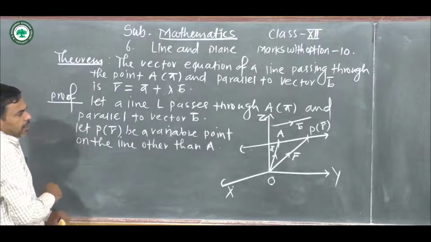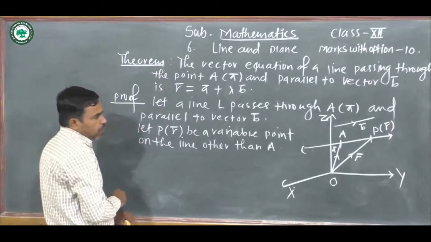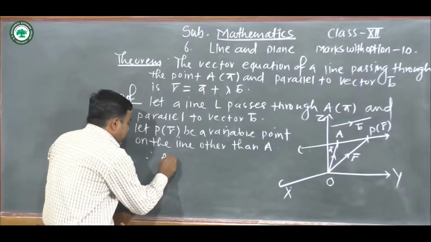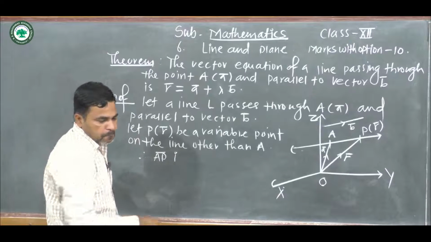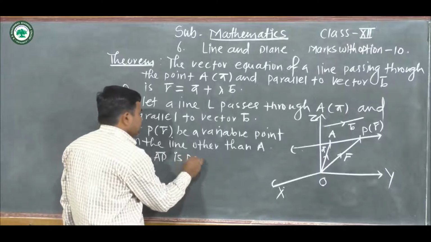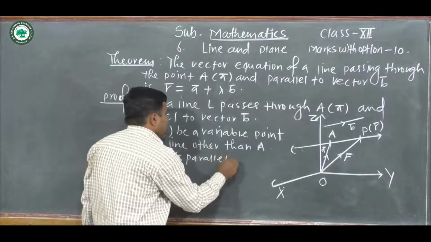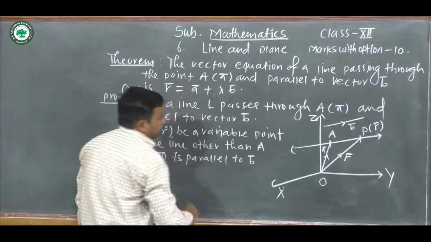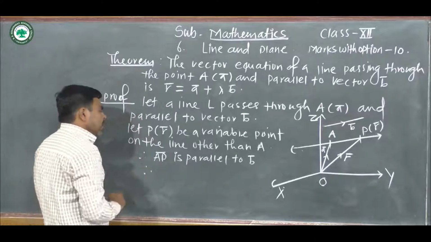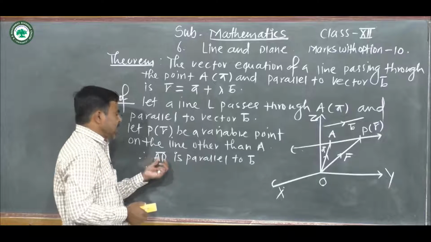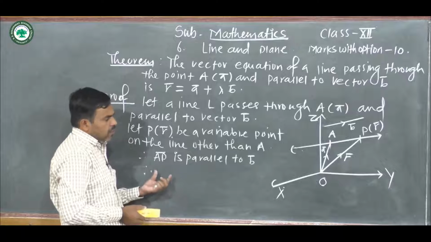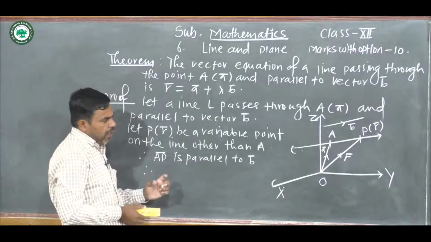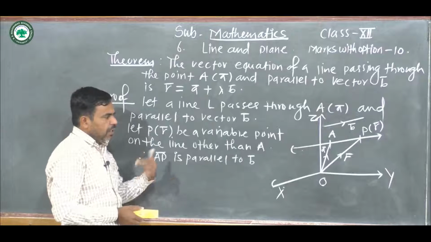From the figure, AP bar is parallel to B bar. So we know that AP bar is parallel to B bar means AP bar and B bar are collinear vectors, and we know that if any two vectors are collinear, then any one of them can be expressed as the scalar multiple of the other.